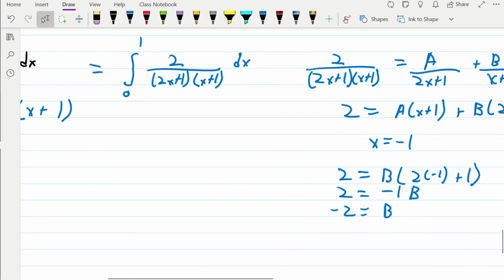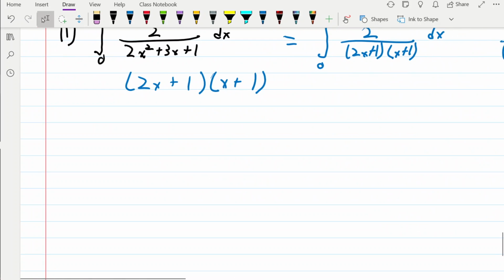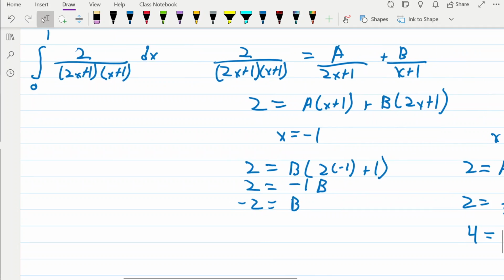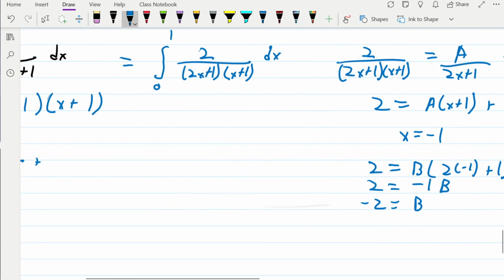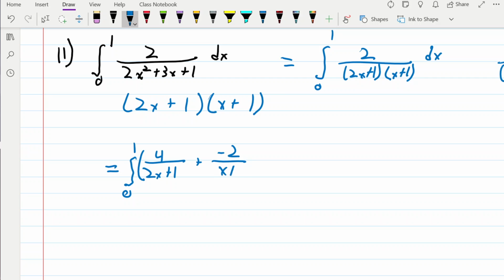All right. From there, we can substitute this back into our integral. So now we're going to have the integral from 0 to 1 of 4 over 2x plus 1 plus negative 2 over x plus 1 dx. And that integral looks pretty poor, so I'm just going to rewrite it.